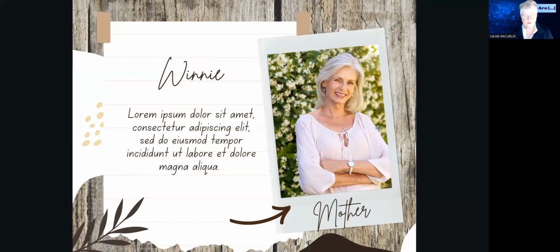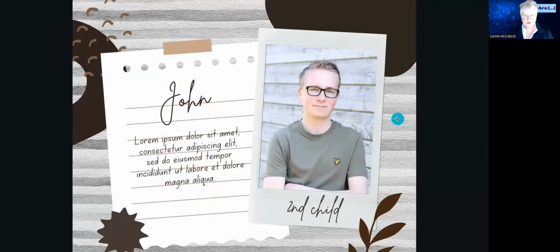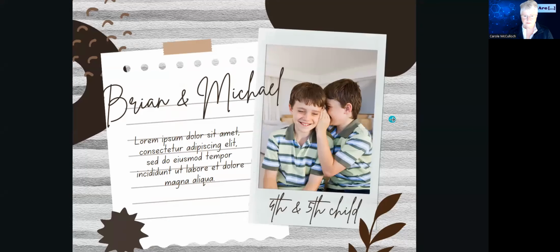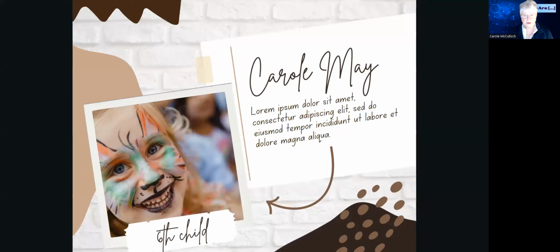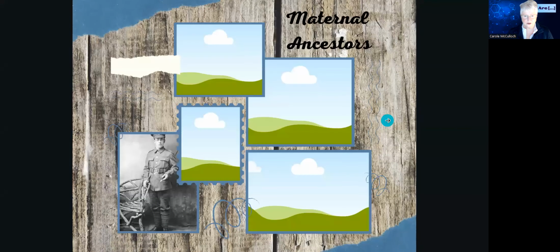And here you'll be checking for whether or not you've included your text here for your ancestors profile, and making sure you've got each child in the right order. And of course, making sure that the imagery is what you want for each slide.